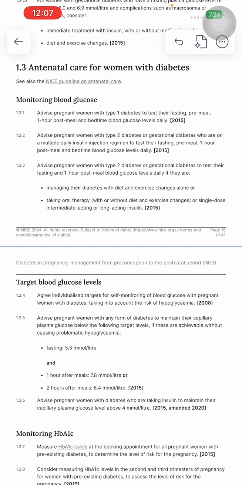But if she is taking a multiple-dose insulin regime, that is, short-acting insulin along with long-acting, then you will not advise her just the two readings.